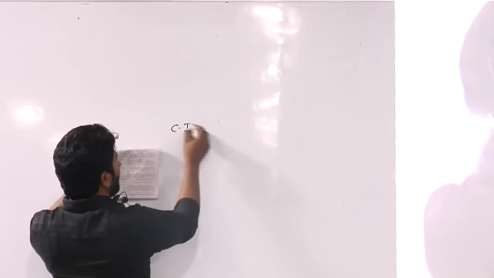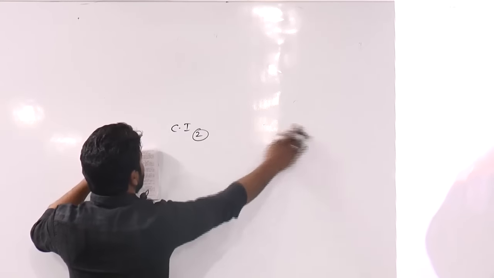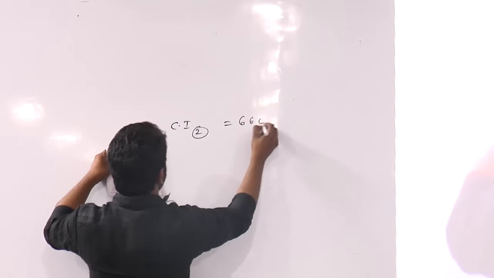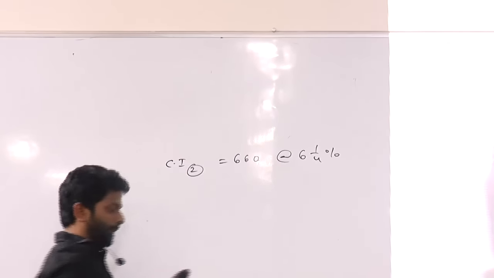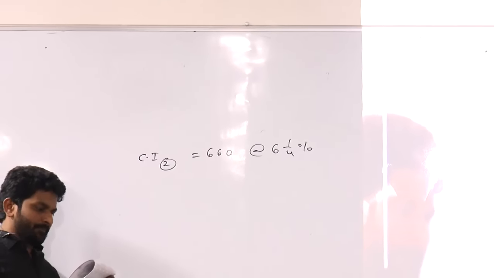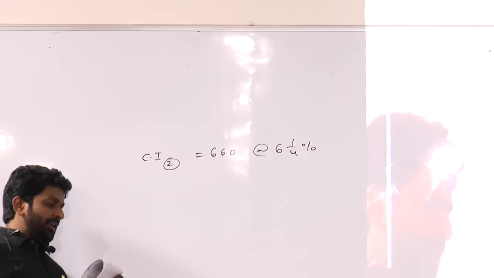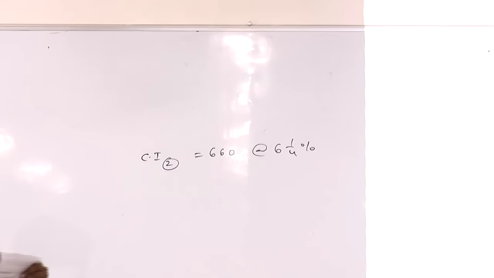The compound interest on certain sum of money for 2 years is 660 rupees at 6.1/4%. Compound interest for 2 years is 660 rupees at the rate 6.1/4% per annum. Determine the simple interest at 10% per annum for 2 years on the same sum.